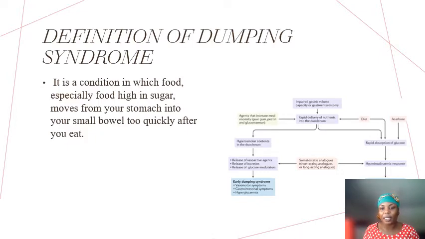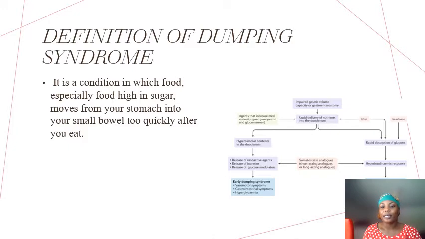You have a rapid delivery of nutrients into the duodenum. The agents that increase meal viscosity are guar gum, pectin, and glucomannan. Those are just nutrient names. The food will go directly to your duodenum instead of going through the stomach, the normal process.